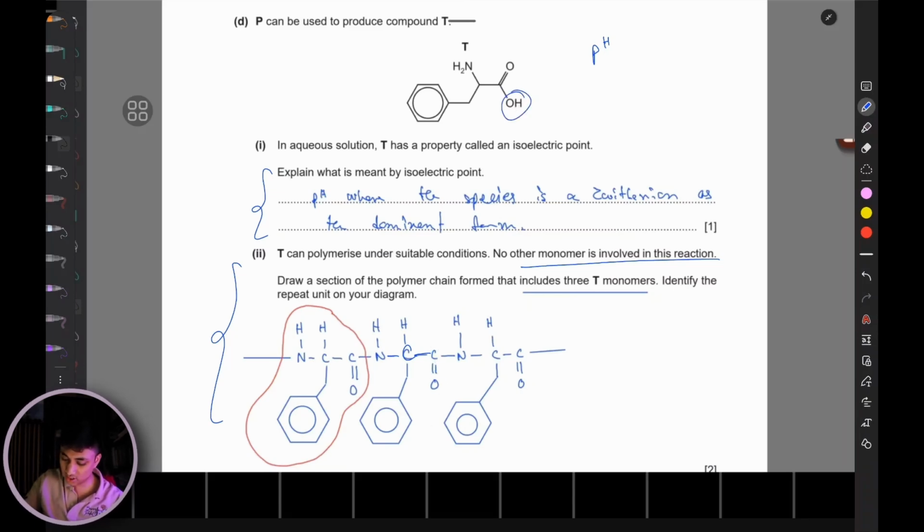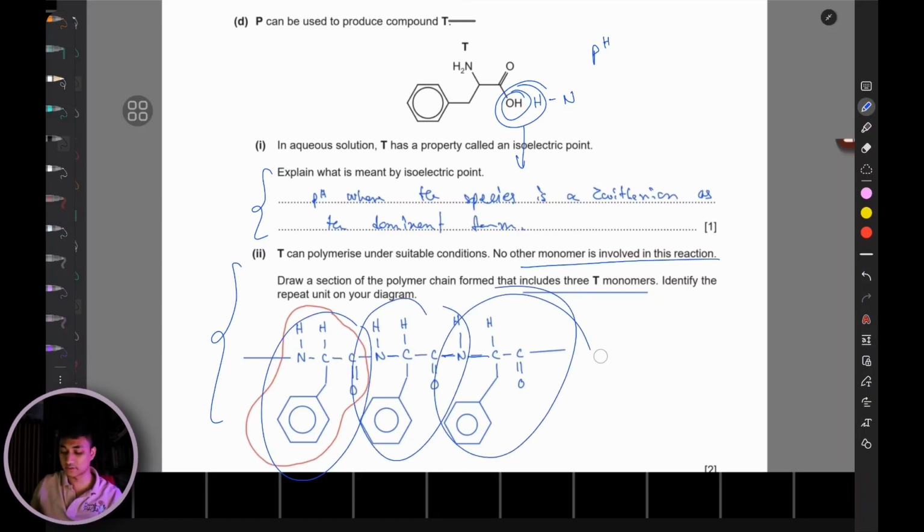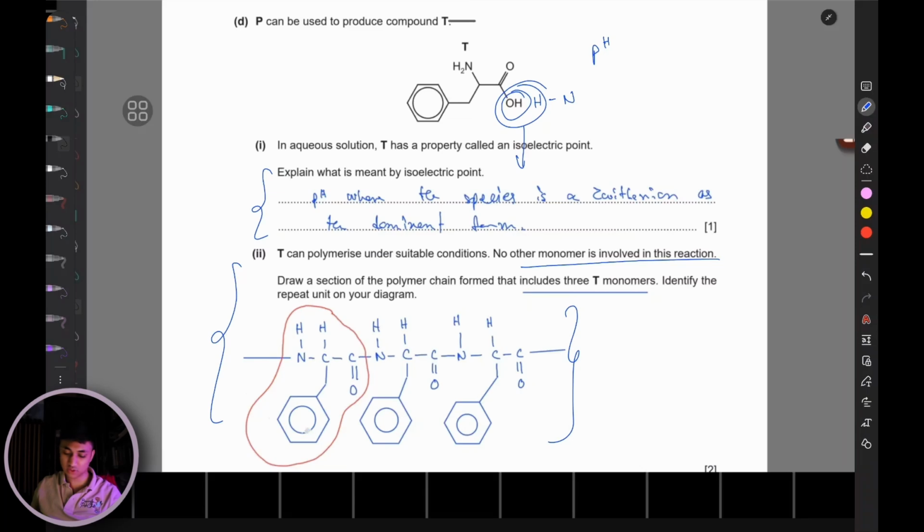And this OH is going to be eliminated and is going to add with the nitrogen, and another amide linkage or peptide linkage is formed. And you're going to repeat this structure once again since they want 3 monomers, right? So try it yourself, see if you can draw the polymer correctly.